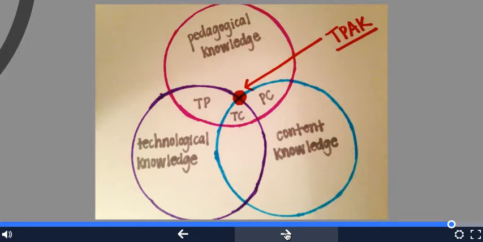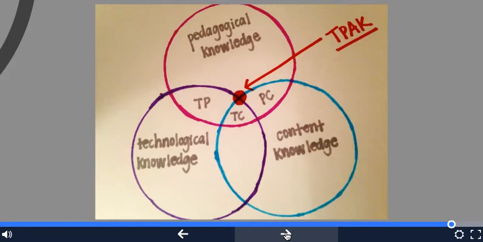This is the digital tools that you're using, like Google Drive, iPads, smart boards, apps, whatever. And this is what the teachers are using to make content more accessible while still supporting the pedagogical strategy used in instruction. But then you have overlaps within those circles.